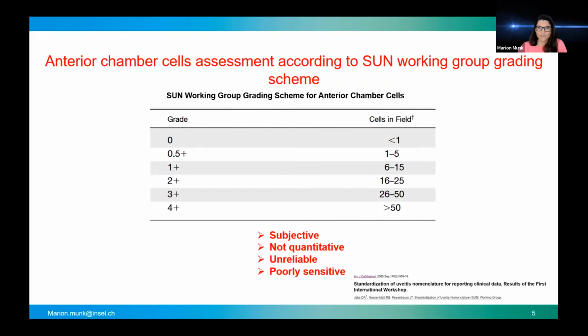And when it comes to the reliability of this assessment, we've already heard that it's very subjective. It's non-quantitative because it's a categorical assessment. It's unreliable, and unfortunately, it's also poorly sensitive. Nonetheless, it's one of the most important severity assessment factors we have to assess the inflammation in the anterior chamber.